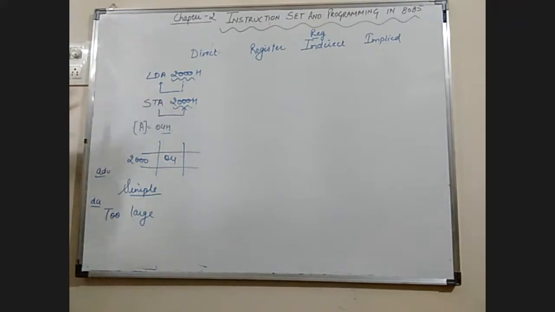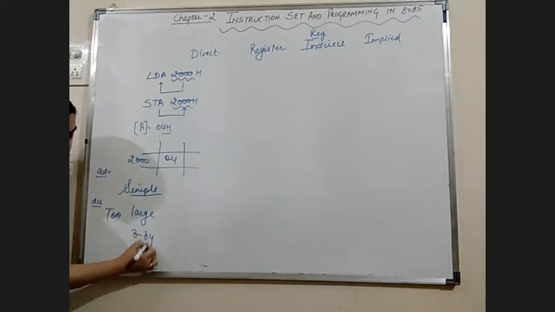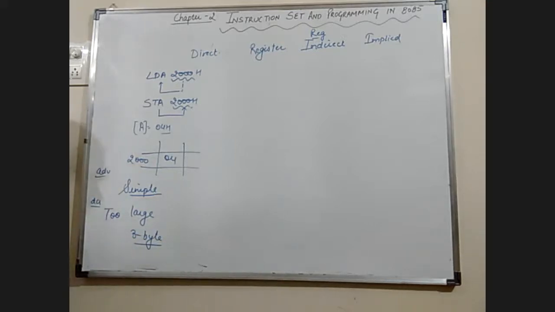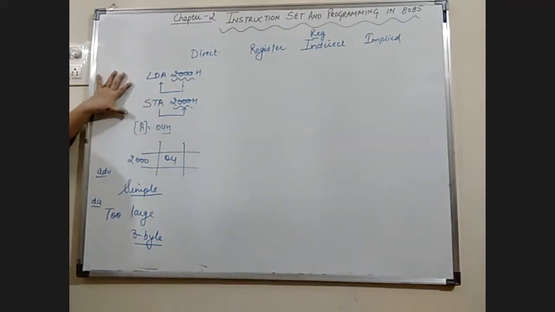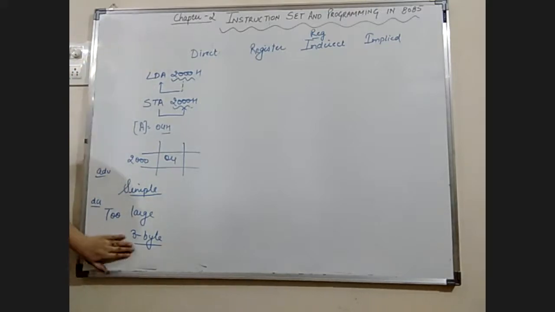So direct addressing mode instructions are of 3 bytes. 2 bytes are reserved to store the address, while 1 byte is used to store the opcode. So these instructions are too large while we are storing them in the memory, because in order to store the 16-bit address 2 bytes are required and 1 byte is used for the opcode. So in short, these types of instructions are of 3 bytes.